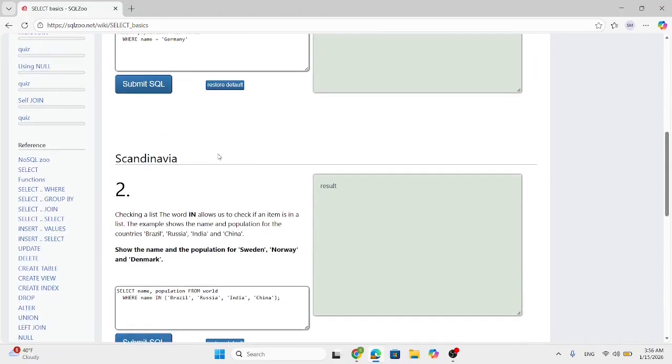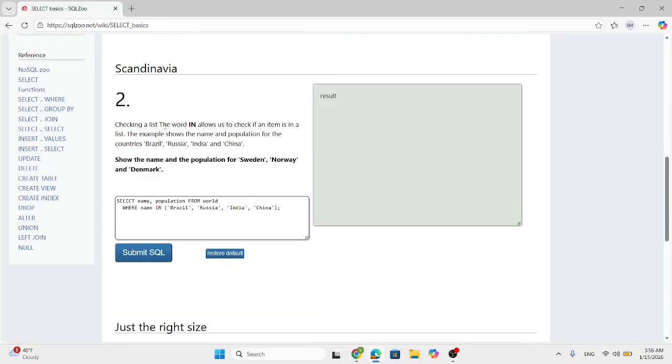Second question, checking a list. The word IN allows us to check if an item is in a list. The example shows the name and the population for the countries Brazil, Russia, India, and China. As you can see in this table from the world table, we are going to select just two columns, name and population of these countries. We used IN for getting just these countries as a list.